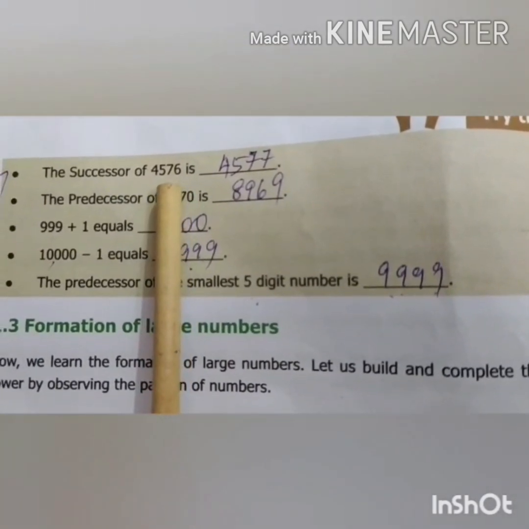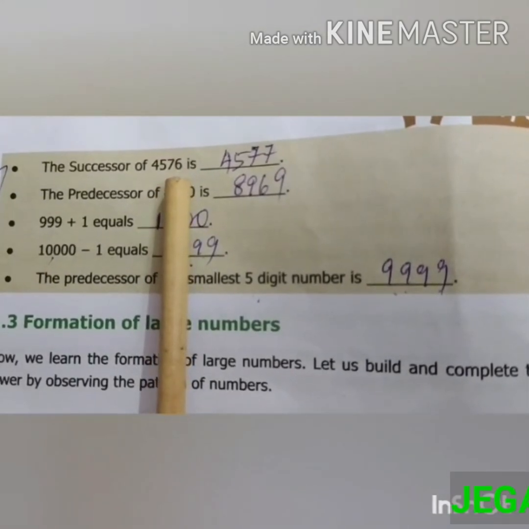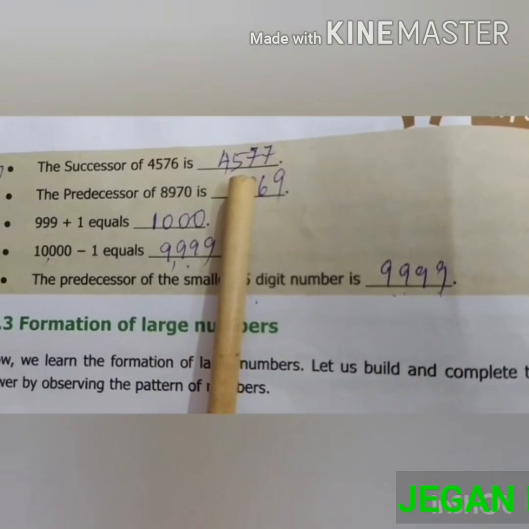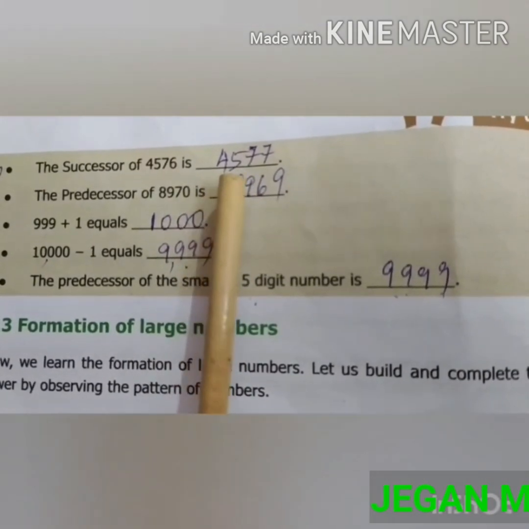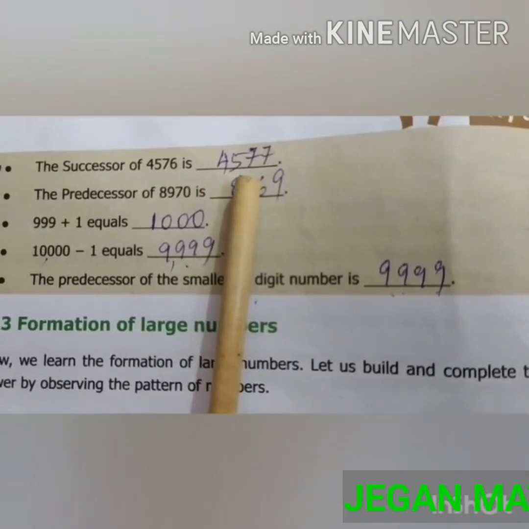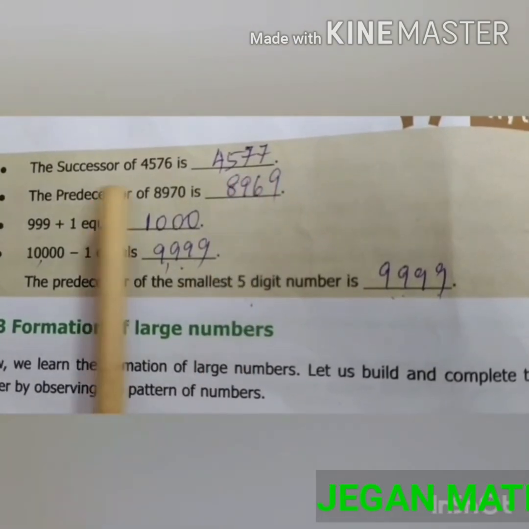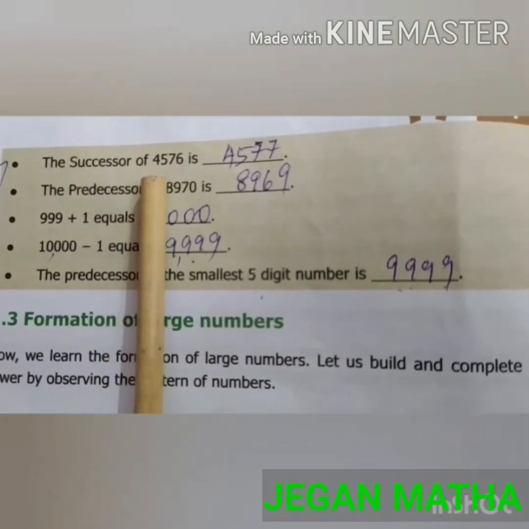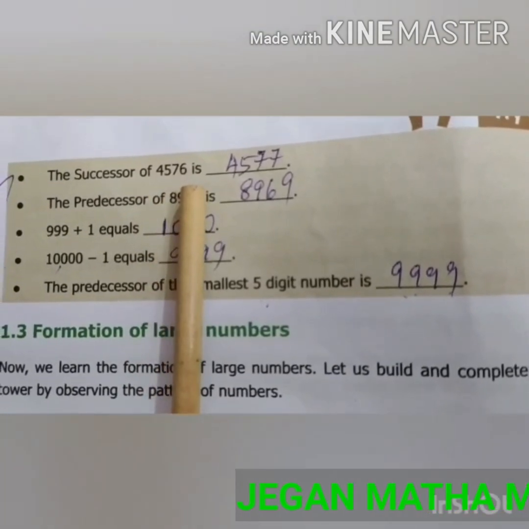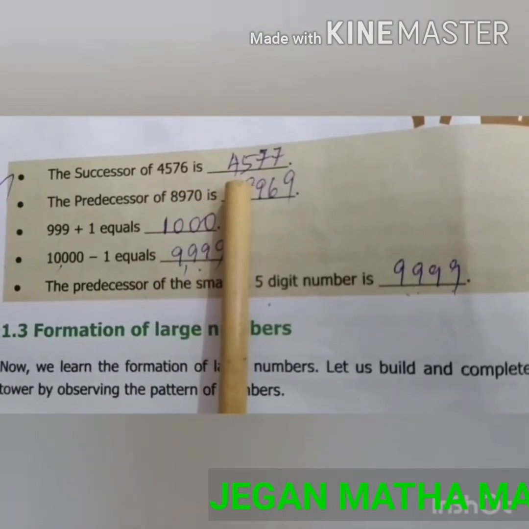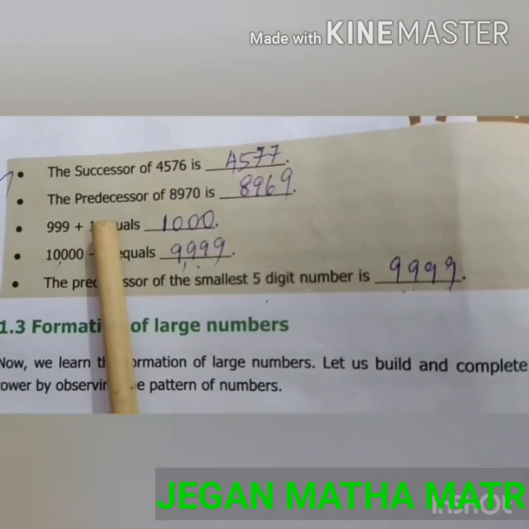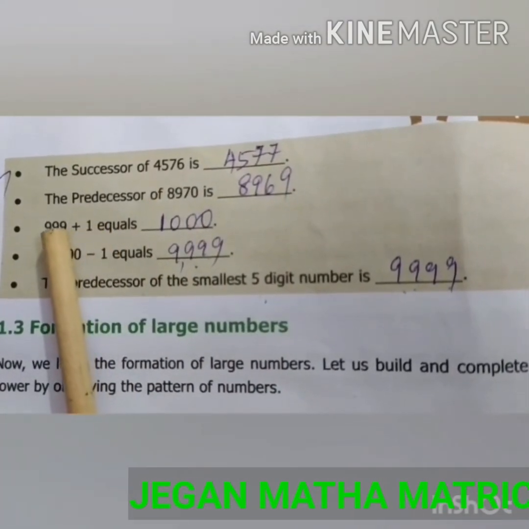You have to add 1 to this number. You will get 4577. Is it clear, students? The successor of 4576 is 4577. So next number.